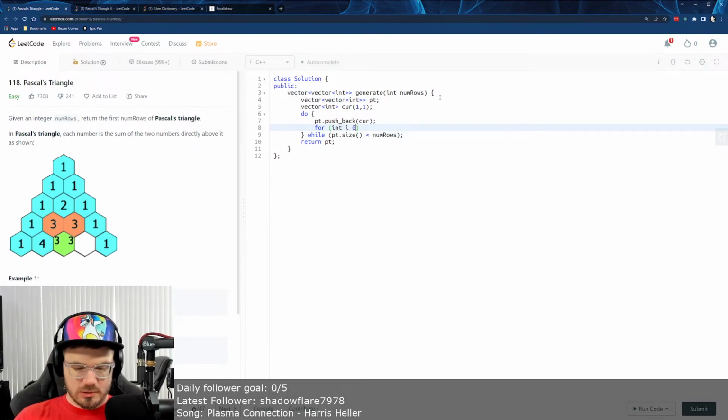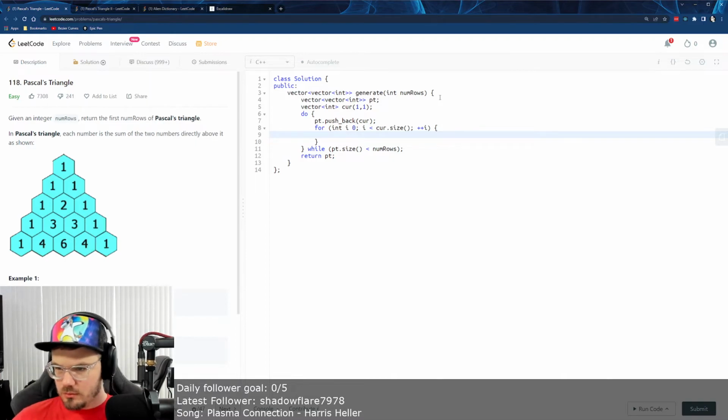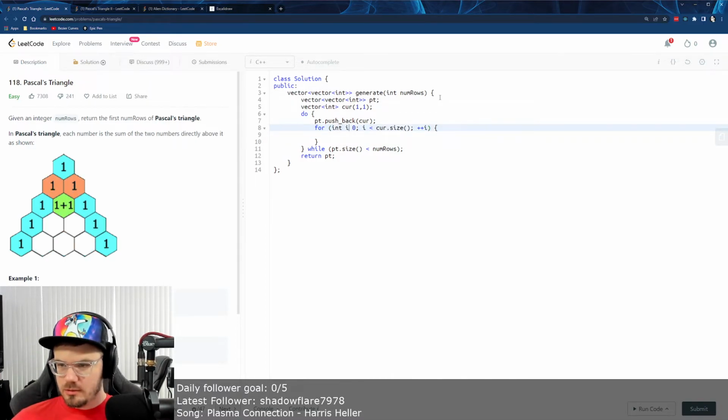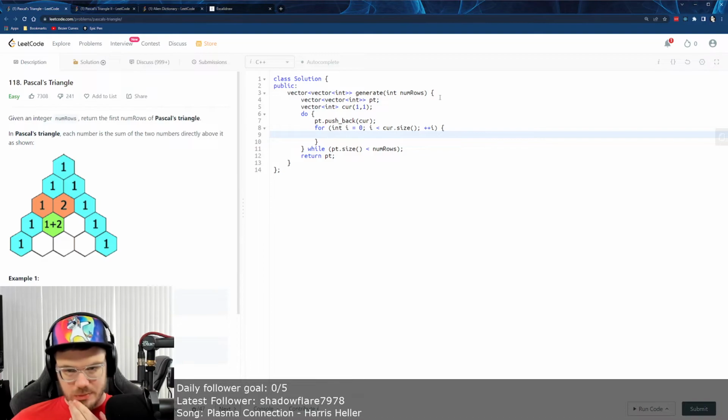So i is 0. i is going to be less than current.size. So basically, this loop will iterate for the number of new elements that we need in the array, and we're just going to be pushing back.